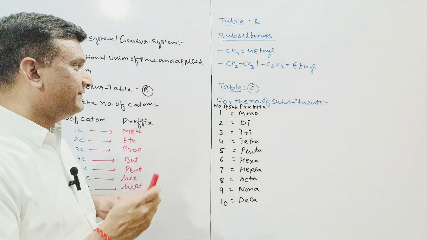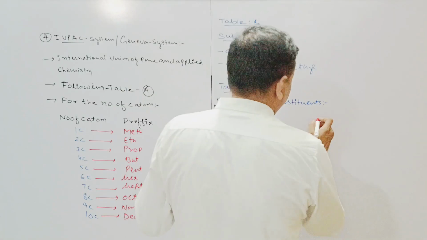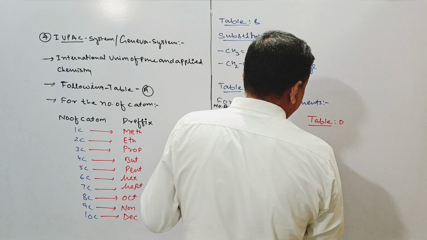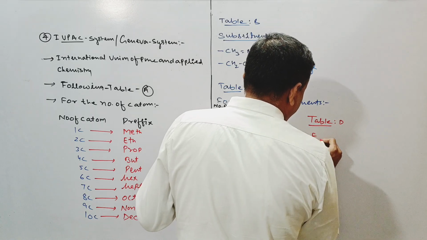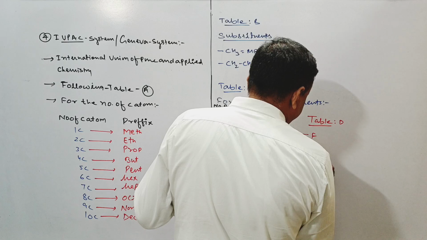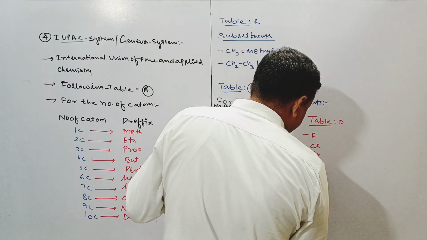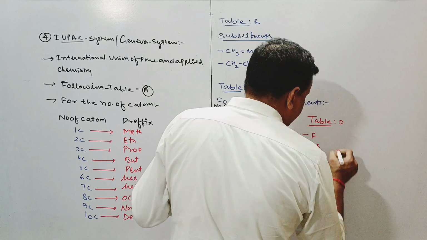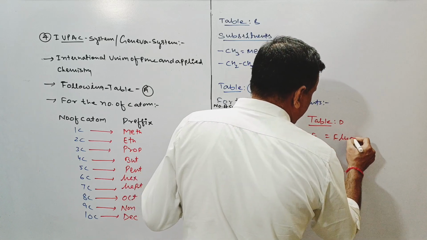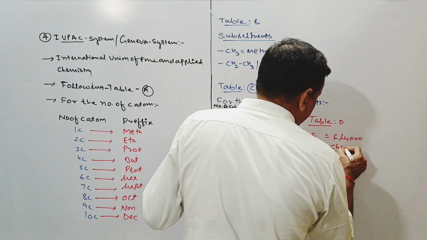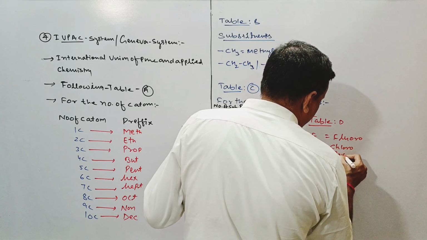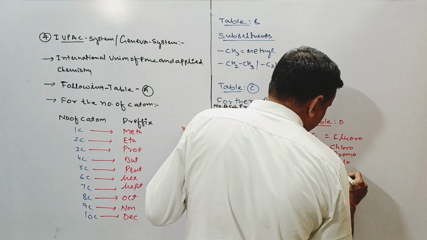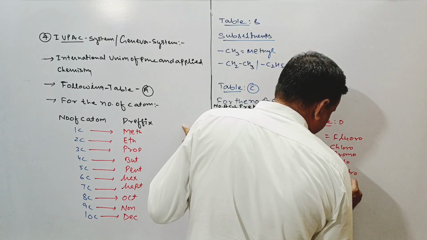Now I would like to go with the final table, that is table number 4, or you can say table D. This is for the substituent. If there is F, Cl, Br, I, NO2, C6H5, then these are known as fluoro, chloro, bromo, iodo, nitro, and phenyl.